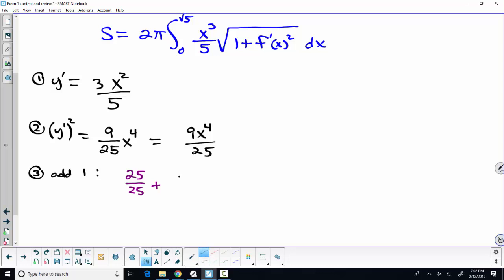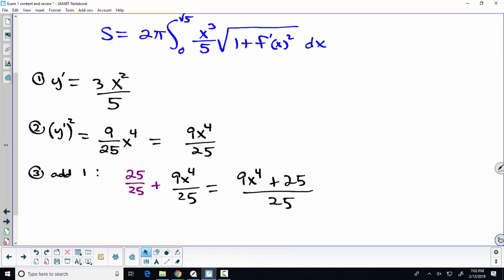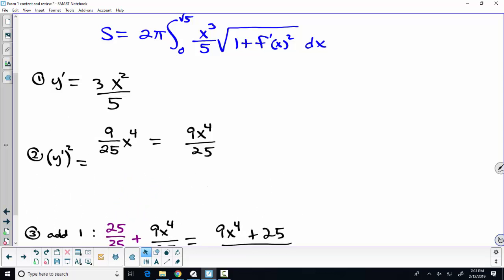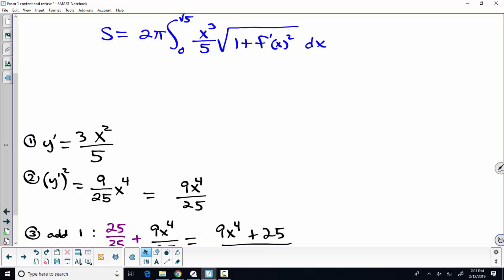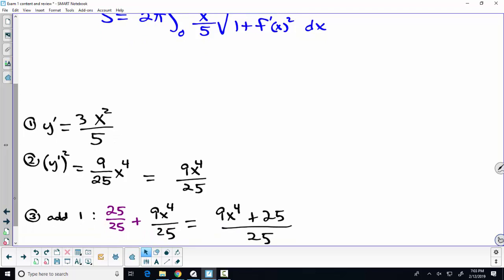That's what's going to go under this radical up here.